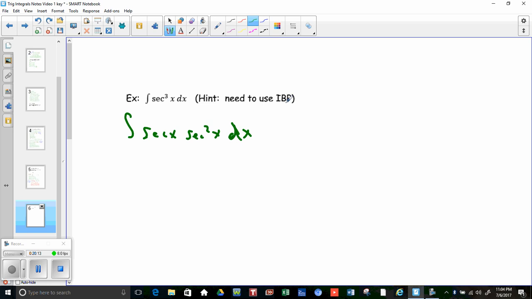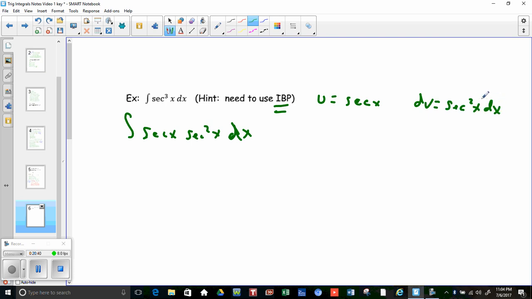So the only other thing to do, and it says hint here, use integration by parts, is we can let u, if you guys remember integration by parts, be secant x, which means your dv has to be everything left over, which is secant squared x dx.